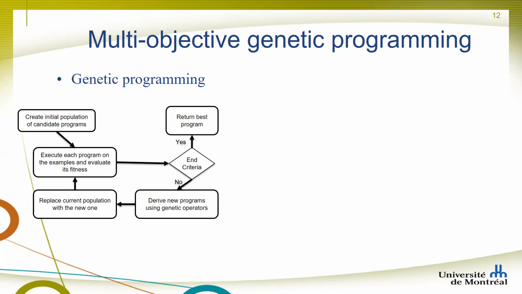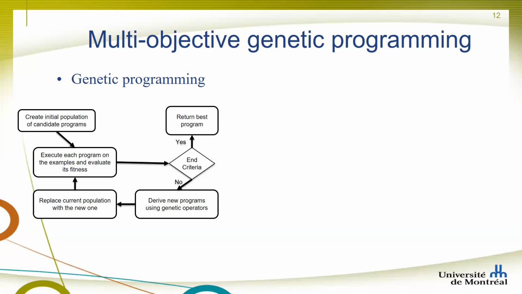If this evaluation matches some criteria, we return the best program. Otherwise, we derive new programs from the current programs using some operators, replace the current population with a new one, and repeat this cycle until we reach some end criteria.